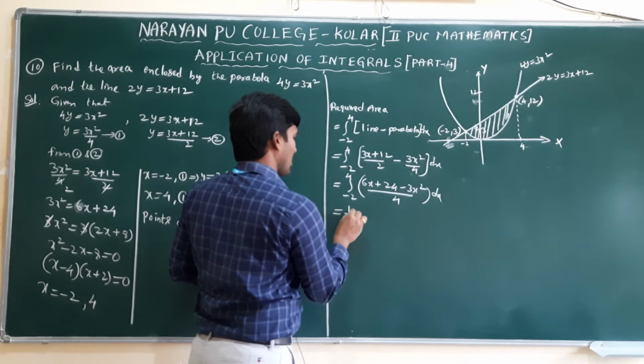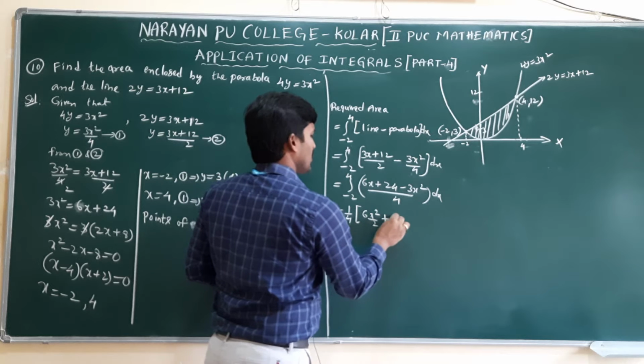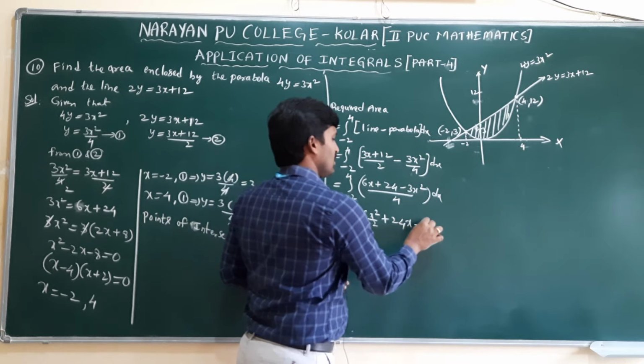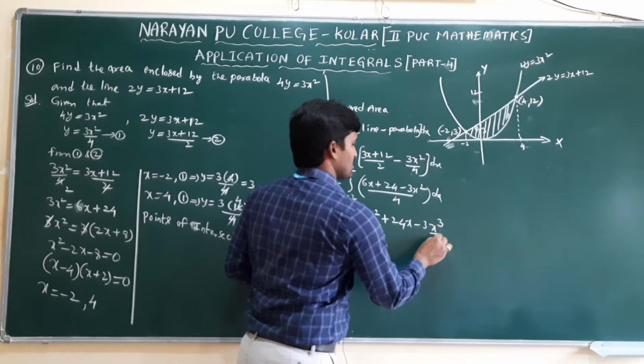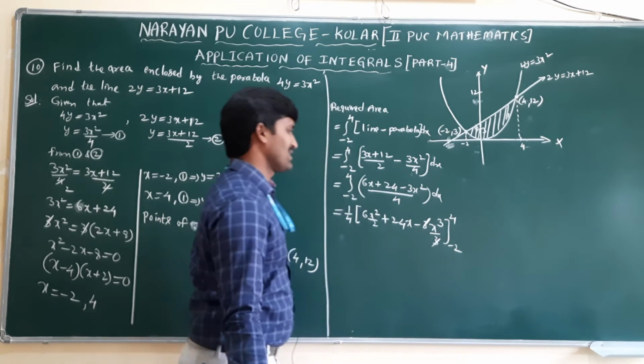Now 1 by 4 I will take common. 6 into integral of x is x square by 2. Integral of 24 is 24x. 3 into integral of x square is x cube by 3, from minus 2 to 4. Here 3 gets cancelled.